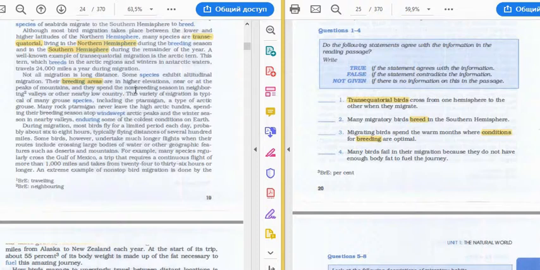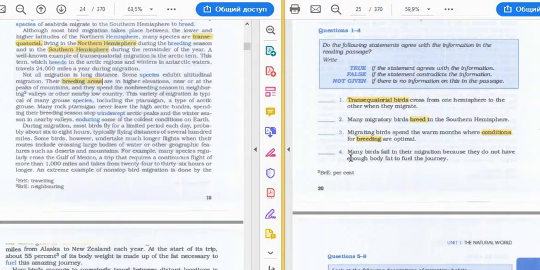They spend their breeding season near the peaks of mountains, the appropriate place for their breeding, and this is considered their breeding area. It means the answer to the third question would be true.